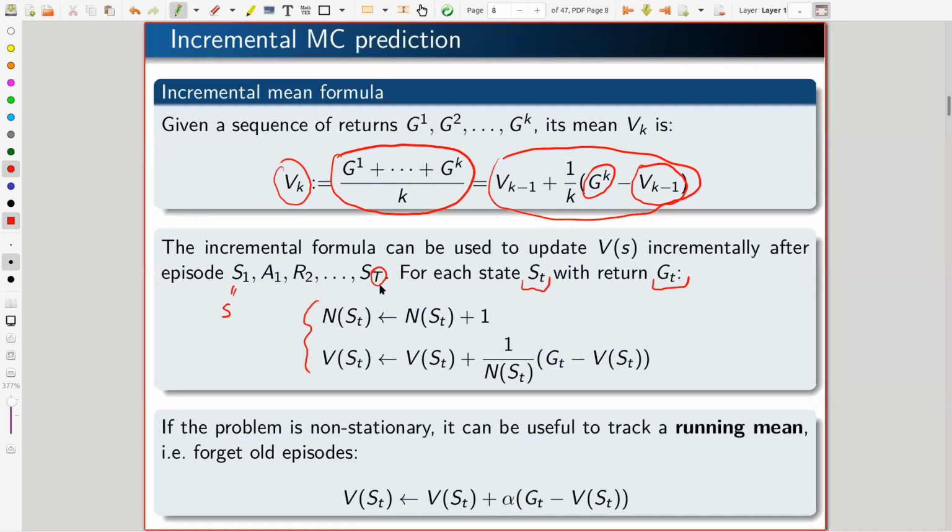I mean, when I do one episode, I'm actually doing several episodes, just starting from different states. Okay? And in this way, I can count how many times I visited the states. Is this clear?